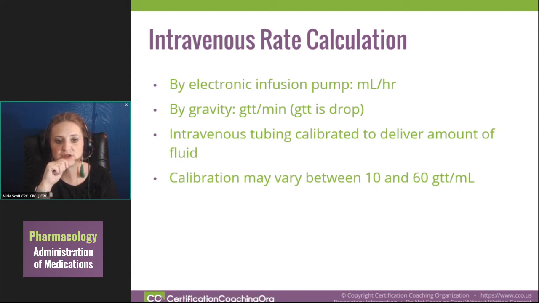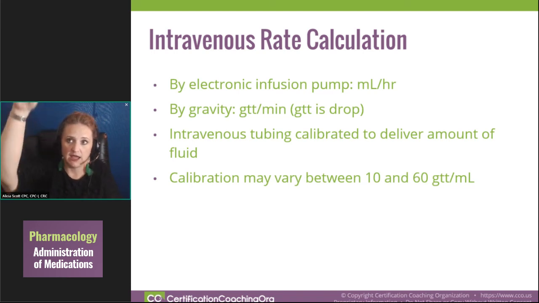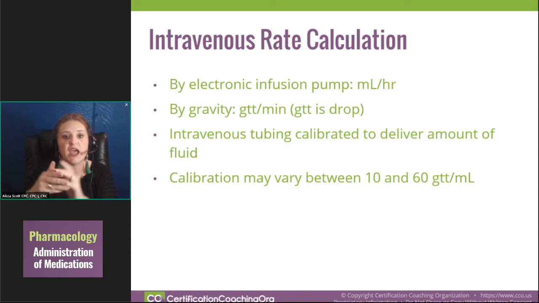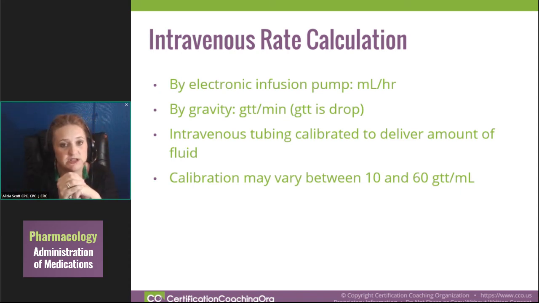If you're going to do an electronic infusion, meaning you put the IV in, you hang it, and then you have a machine that you put the IV tubing through, and then it calibrates and runs it. You just log in what you want it to do, and it makes sure that the medication is given at that proper rate.